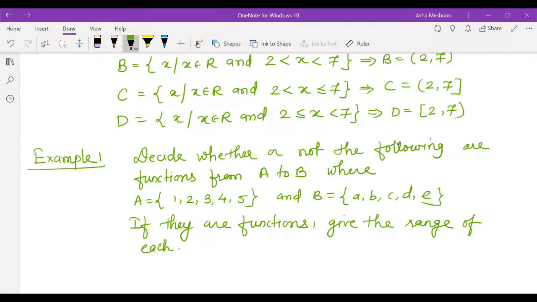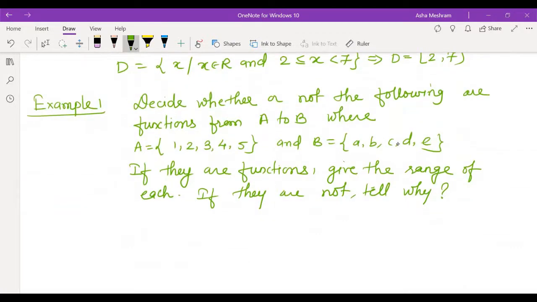If they are not, then we have to mention why it is not a function. So here 3 functions are defined on these 2 sets A and B.